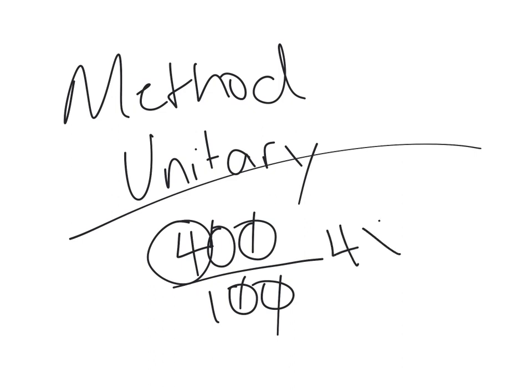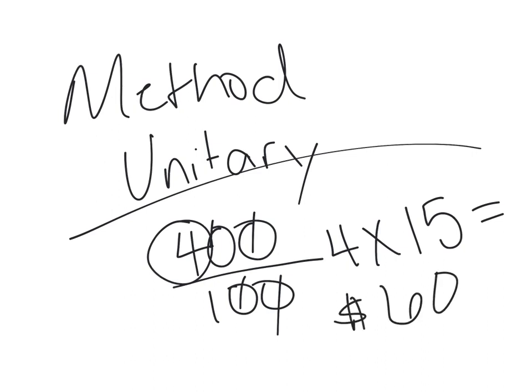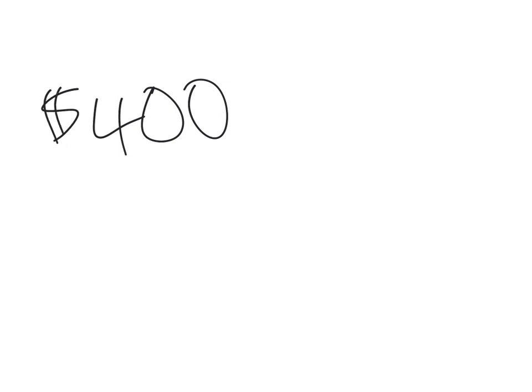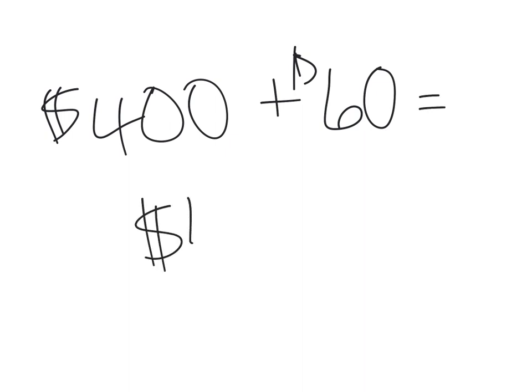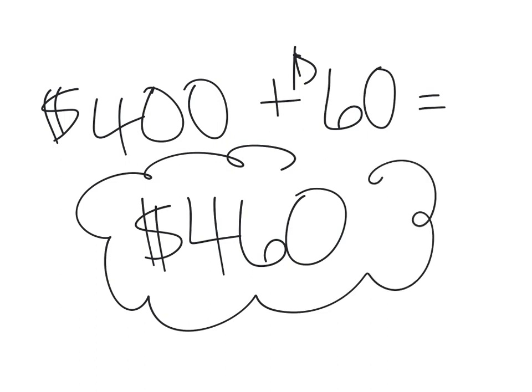So 4 times 15% is 60. So it is going to increase it by $60. So if they started out paying $400 per month, and now it's an increase of $60, now they're going to be paying $460 per month. That's the unitary method.